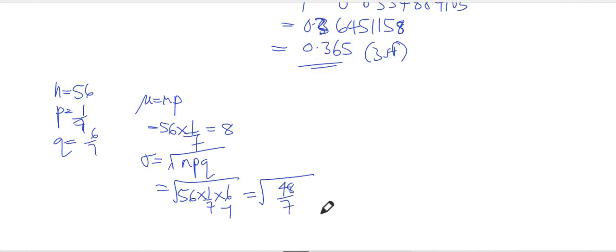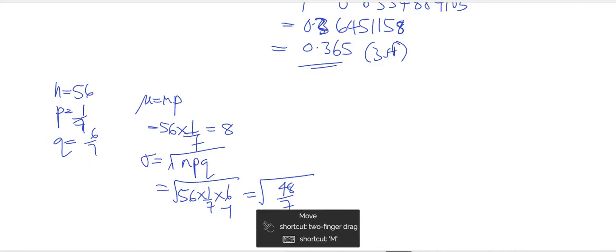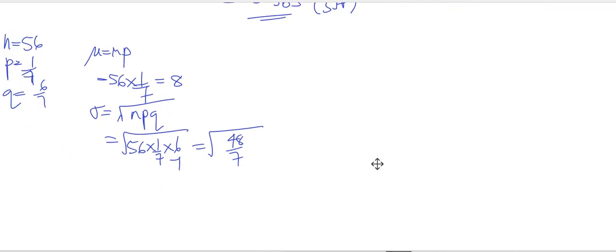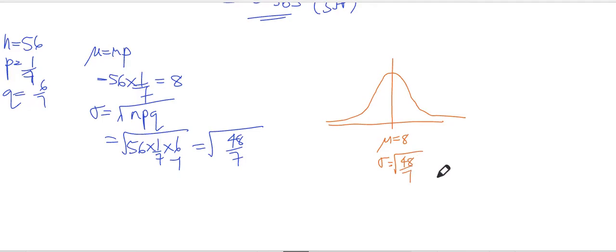I'll just leave it for now. So mu is 8. Let's draw the bell curve, with mu equals 8 and standard deviation equals root 48 over 7.